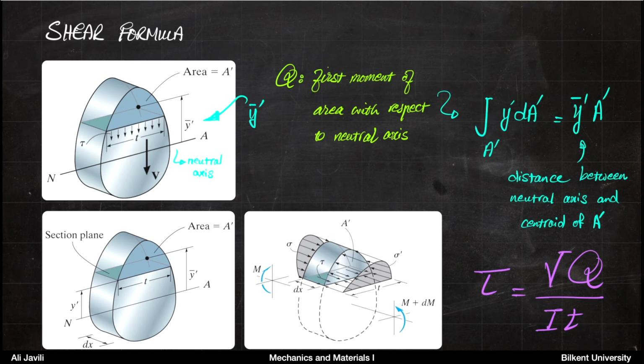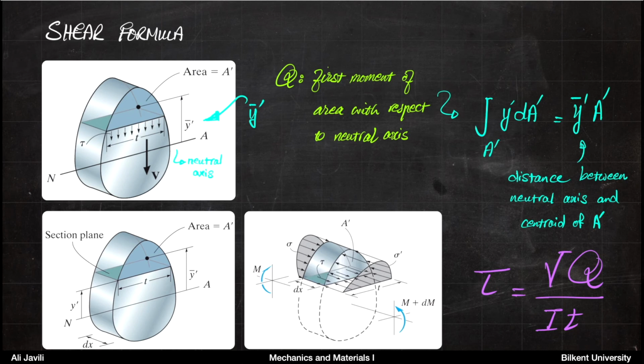You also know that if you have an integral like this, we usually don't really calculate it. For simple shapes, we know what this is and we have tables. So that integral itself would be y prime bar, which is the distance of the centroid of that area from the neutral axis, times that area itself. So this is possibly the most confusing and difficult part about this formula.